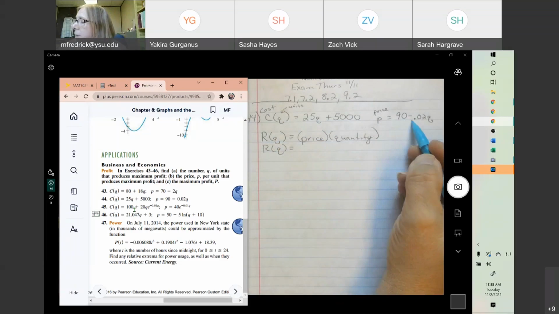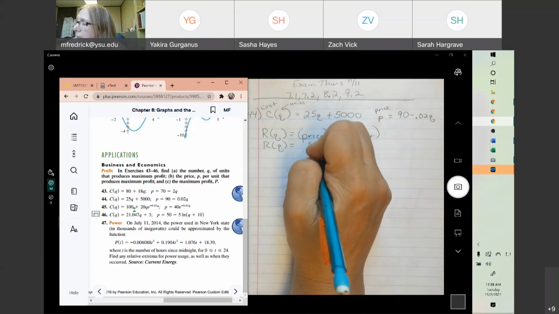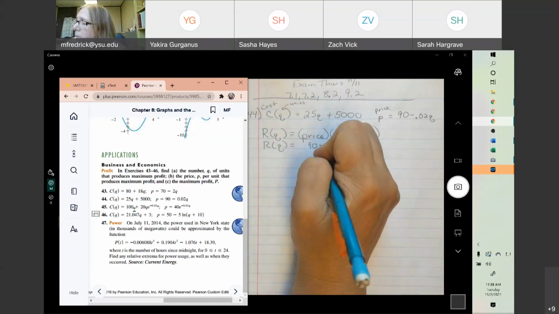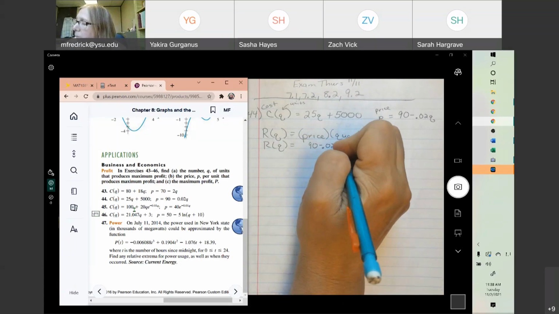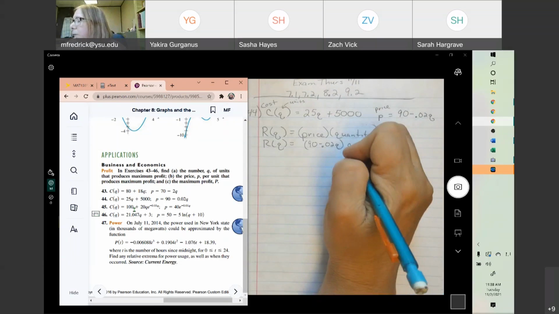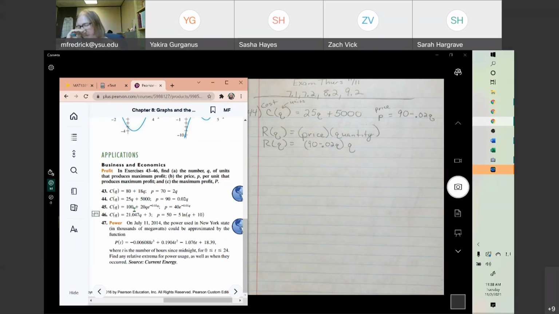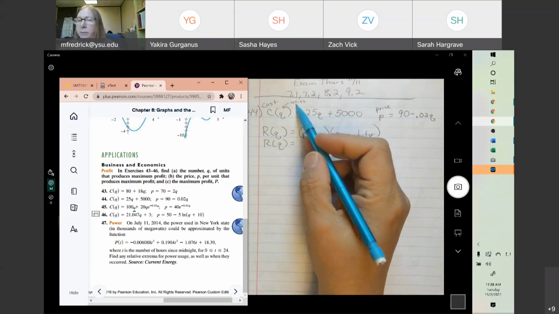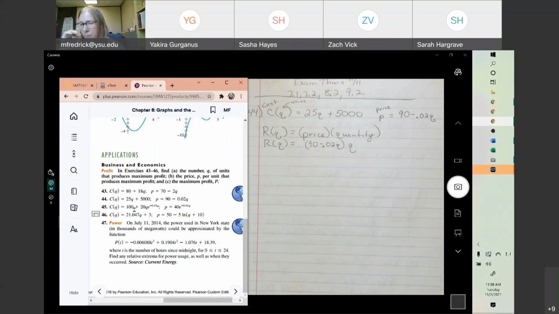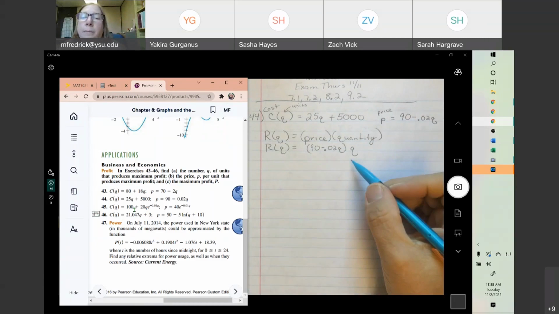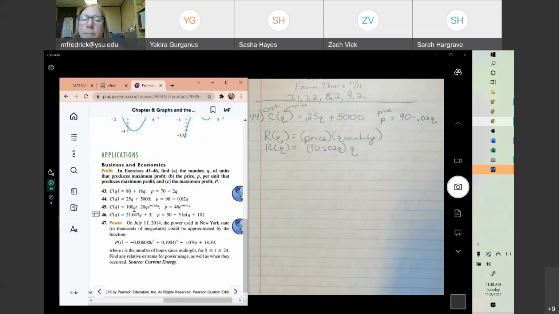My price is 90 minus 0.02Q. And my quantity is Q, because Q is the number of units. Any questions on that part?